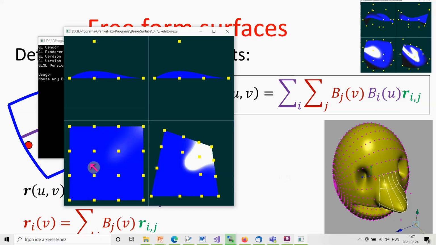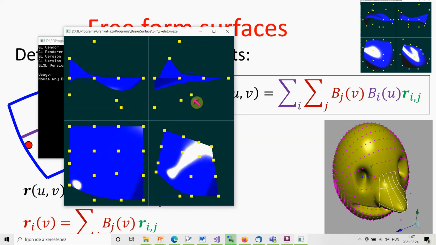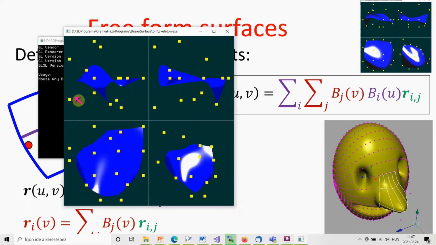Let us see a concrete example of a Bezier surface where we have 16 control points, and the Bezier surface is visualized here with its side views and top views and also a perspective view. We can modify control points one by one. You can imagine that this is quite a tiring process, but sooner or later we could get something which reflects our expectations.